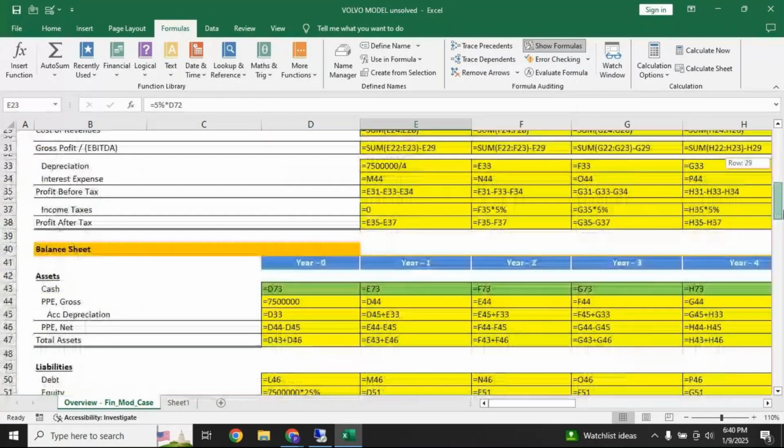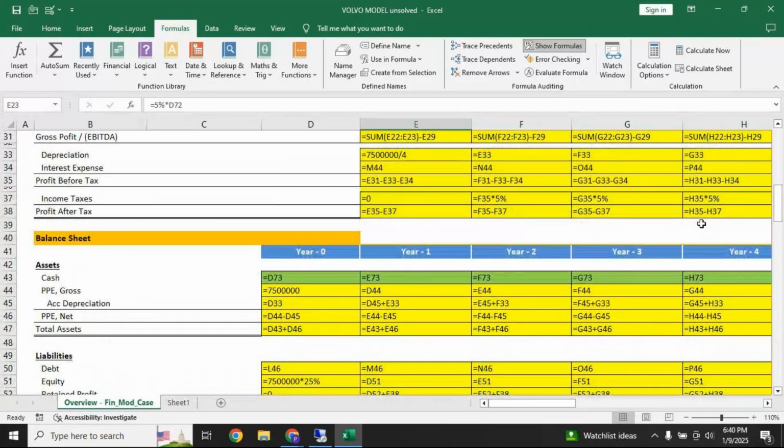And in the balance sheet, the cash at the end of the period, whatever amount I have, I'm going to bring it to the cash in the balance sheet.